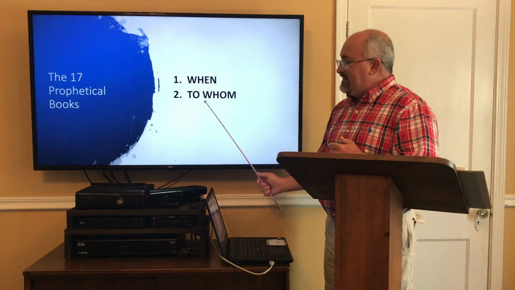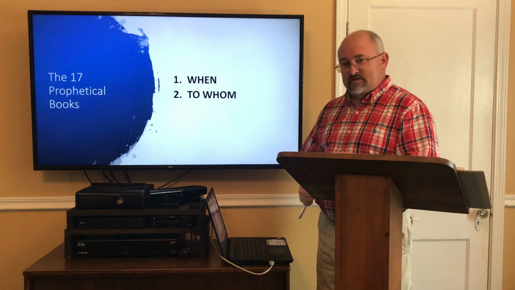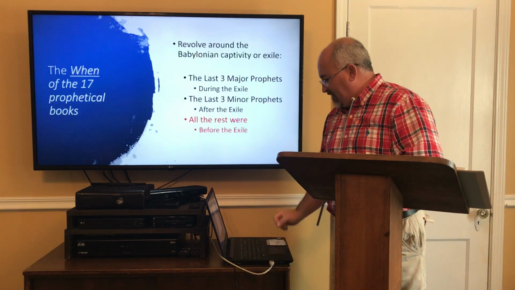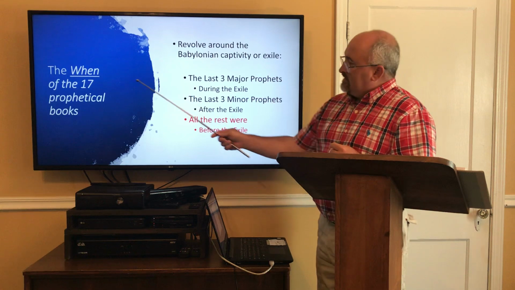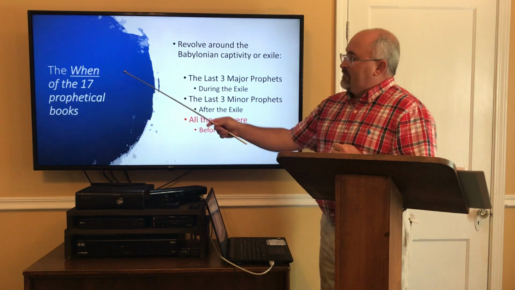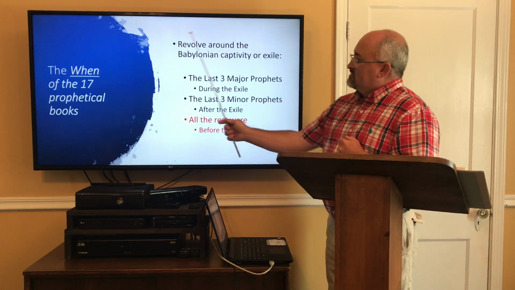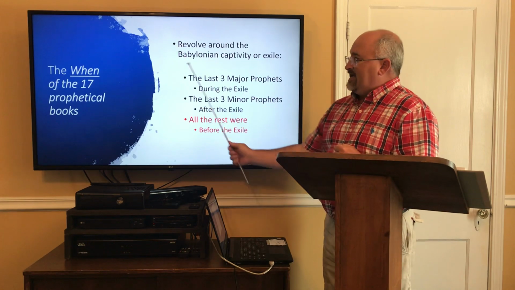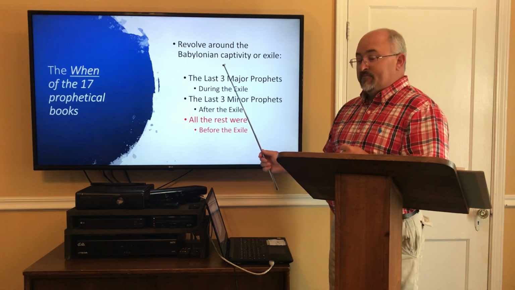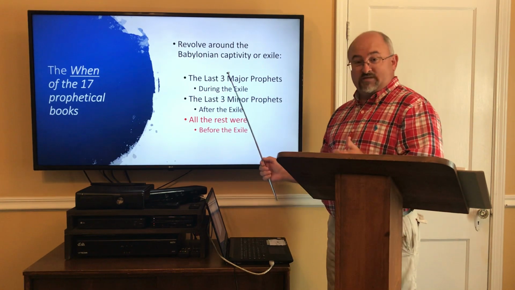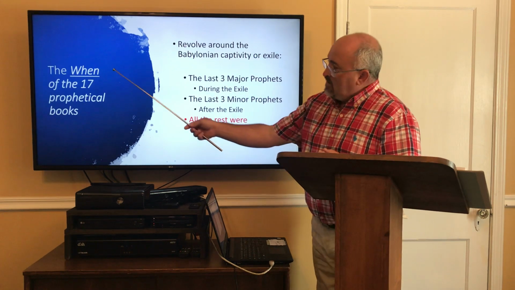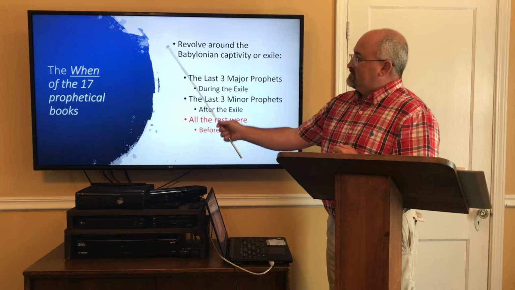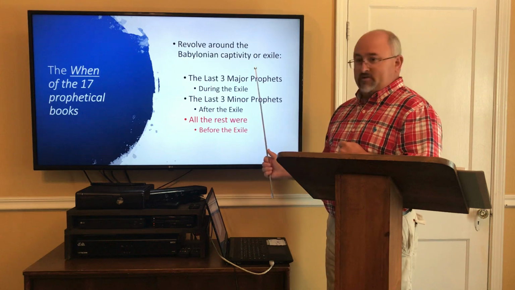If we know these 2 things, we can understand the 17 prophecy books. Now let's look at the when. Most all the books centered around the Babylonian captivity or exile. Move number 6 and move number 7. So most of the when was sometime around the Babylonian captivity.